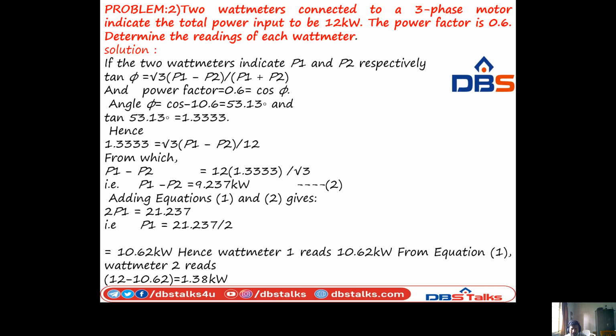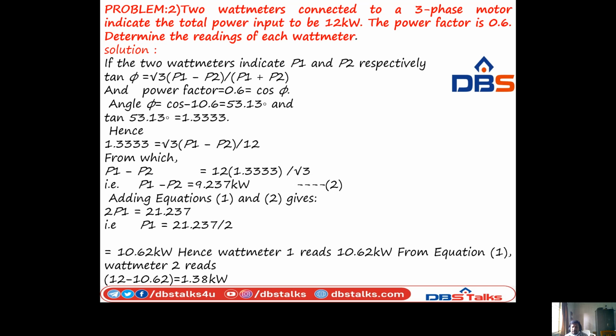But here they don't give P1, P2. They give the total power, P1 plus P2, 12 kilowatts. Power factor is also given. It is a complete reverse problem. Power factor is 0.6, that is cos phi is 0.6. Now determine the readings of each wattmeter.